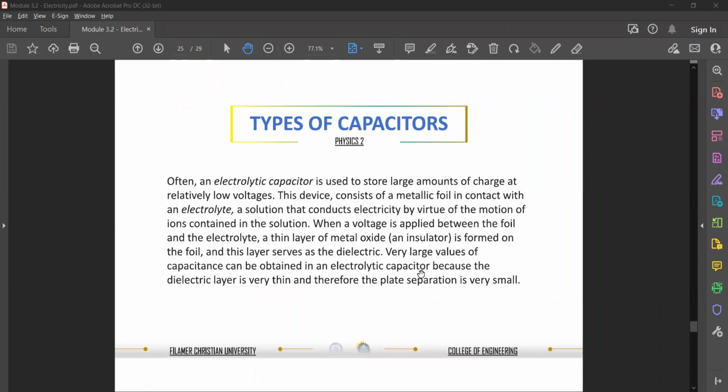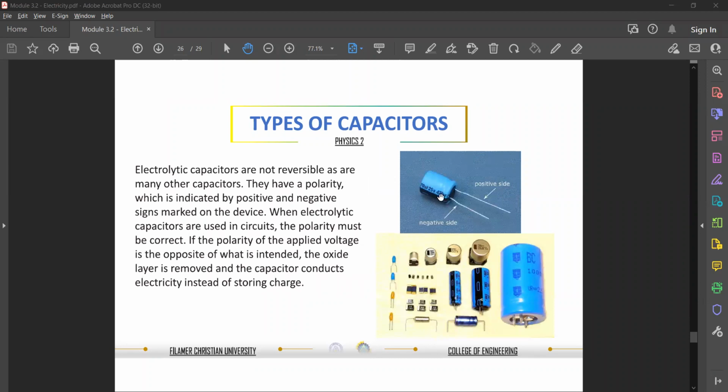Okay. So very large values of capacitance can be obtained in an electrolytic capacitor because the dielectric layer is very thin, and therefore the plate separation is very small. So ito naman yung example ng electrolytic capacitor.